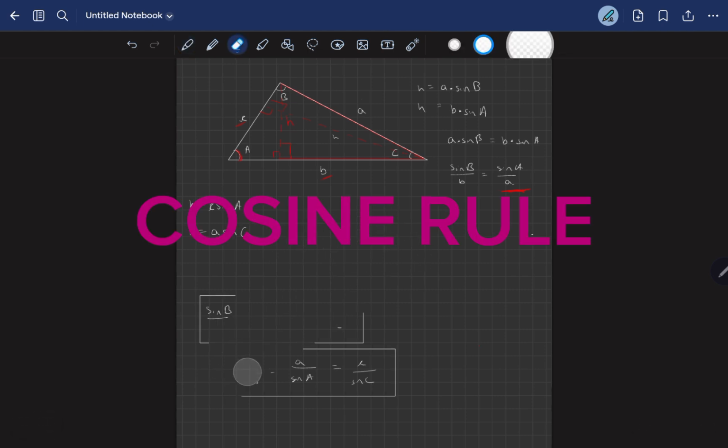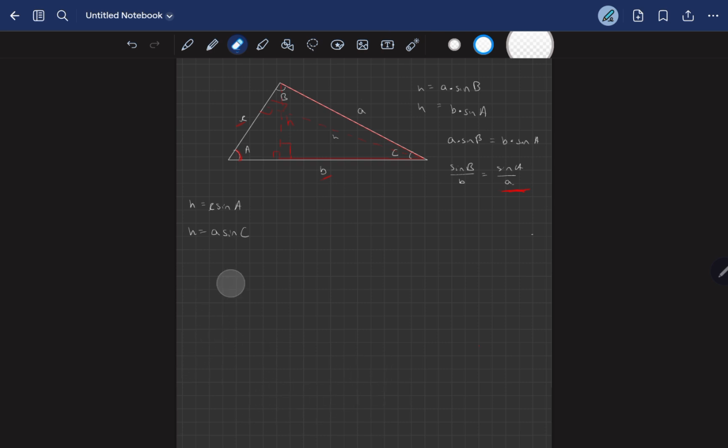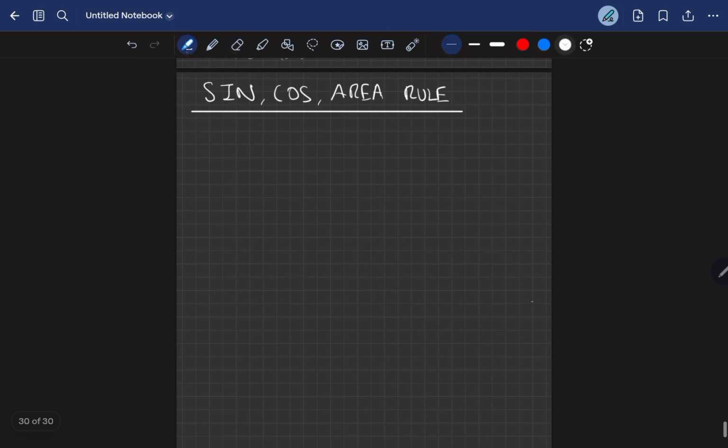And the cosine rule is a little bit more complicated, but again, involves similar concepts, but uses the Pythagoras' theorem as well. So let me draw a triangle again. You've got A, B, C, C, A, B. I'm going to draw in our height.